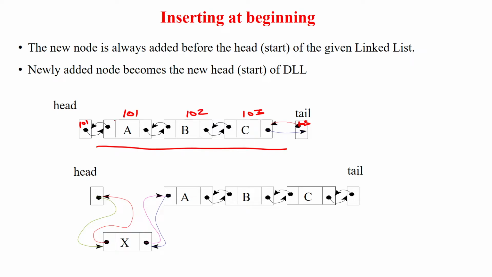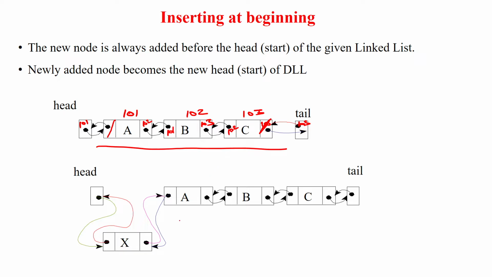The previous field of node a is null, the next pointer of node a is 102, the previous field of node b is 101, the next field of b is 103, the previous field of c is 102, and the next field of c is null.